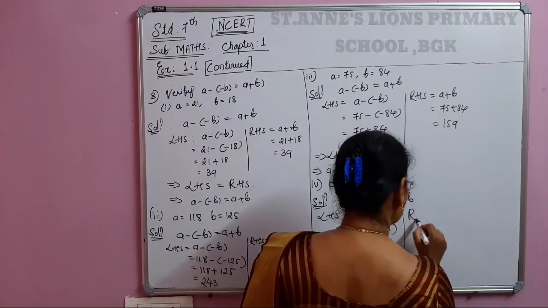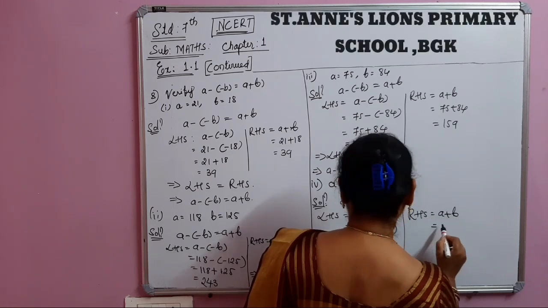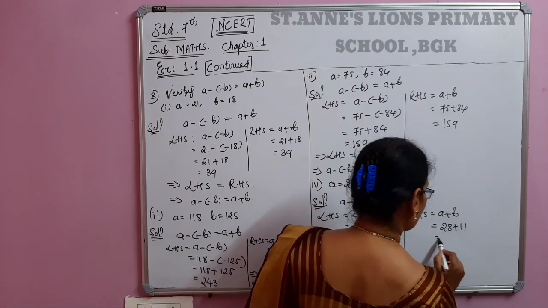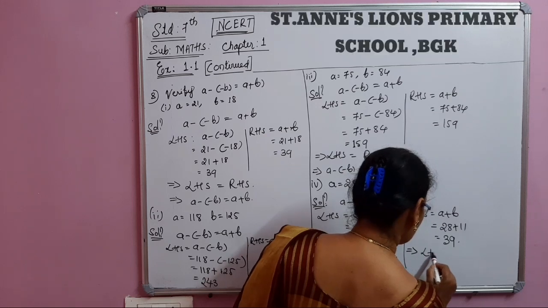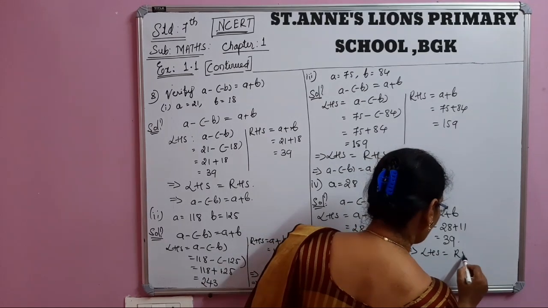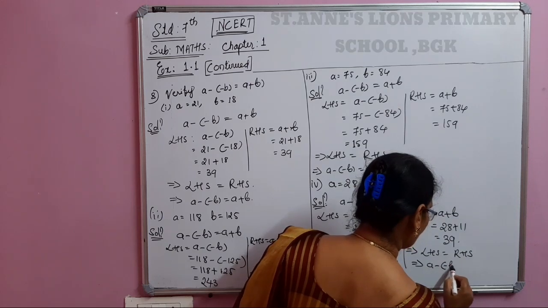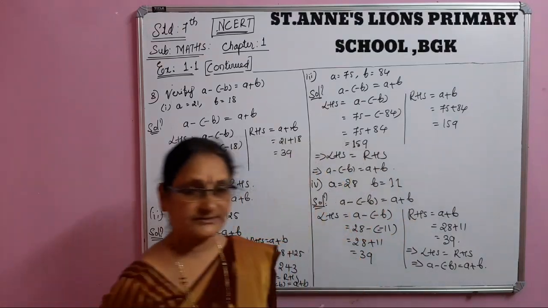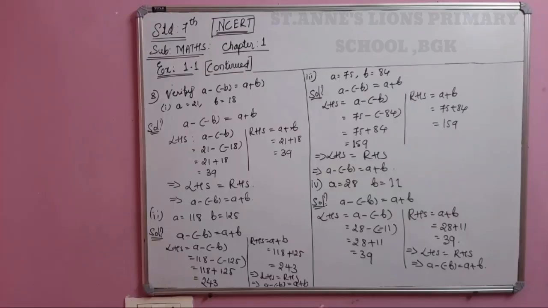Then RHS. RHS equal to a plus b. What is a here? 28 plus 11. That is 39. So this implies that LHS equal to RHS. So a minus of minus b is equal to a plus b is verified. So this is the 8th problem. You can copy this.